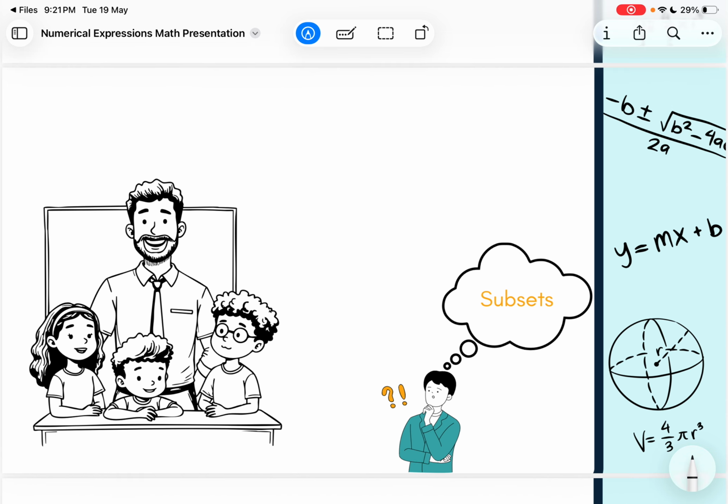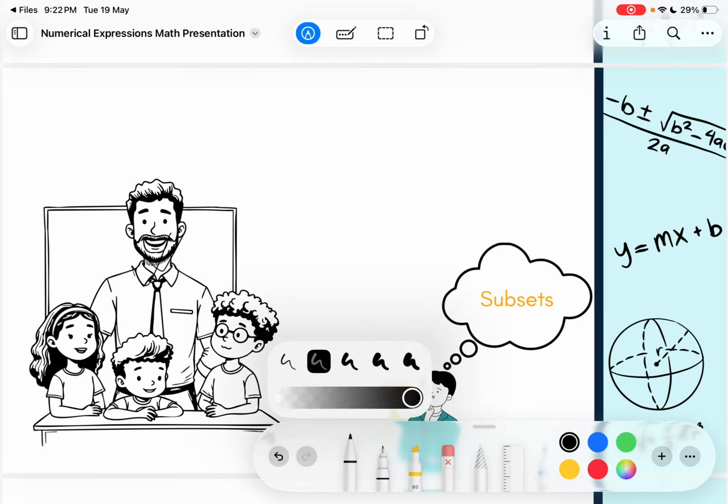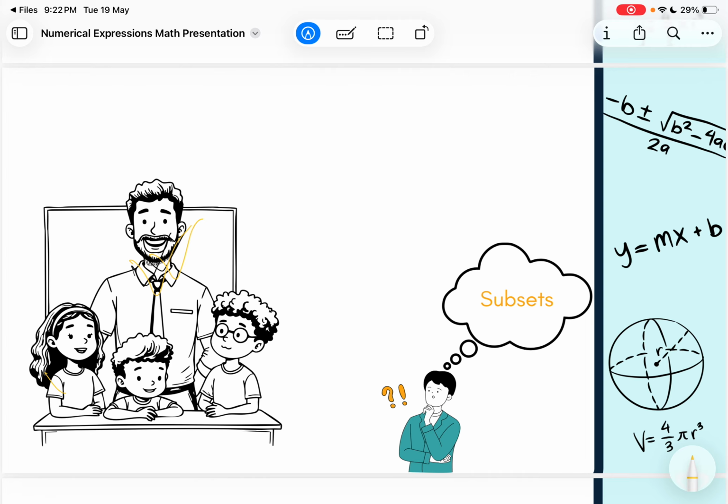Here you can see we have a father, and there are 3 children, right?